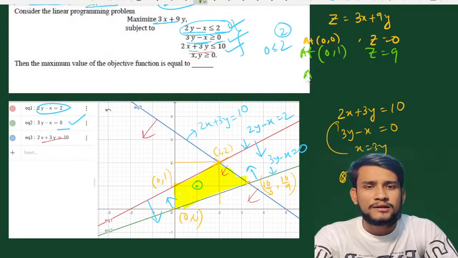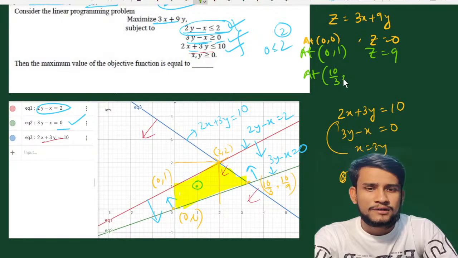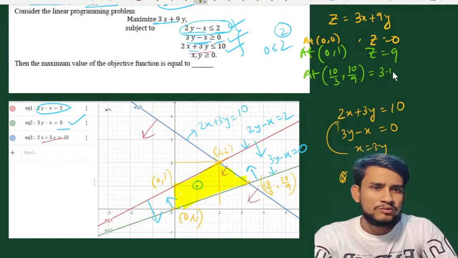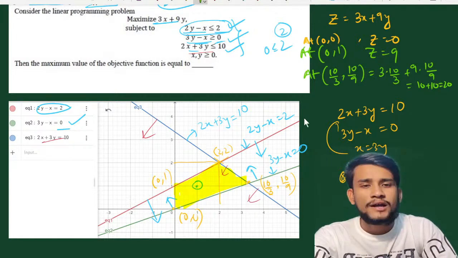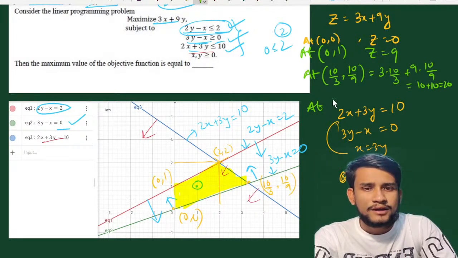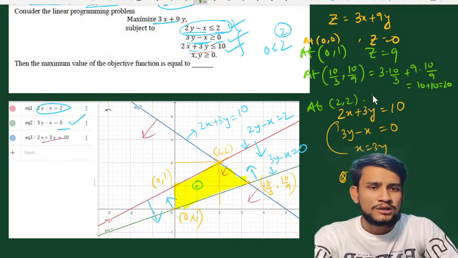At (10/3, 10/9), the value is 3 into 10/3 plus 9 into 10/9, which is equal to 10 plus 10, this is equal to 20.